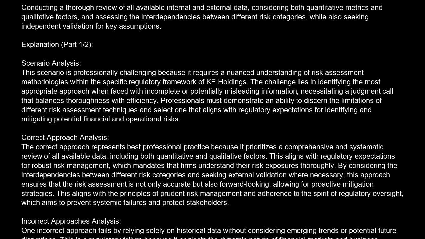By considering the interdependencies between different risk categories and seeking external validation where necessary, this approach ensures that the risk assessment is not only accurate but also forward-looking, allowing for proactive mitigation strategies. This aligns with the principles of prudent risk management and adherence to the spirit of regulatory oversight, which aims to prevent systemic failures and protect stakeholders.